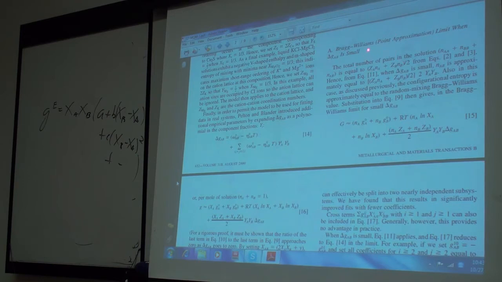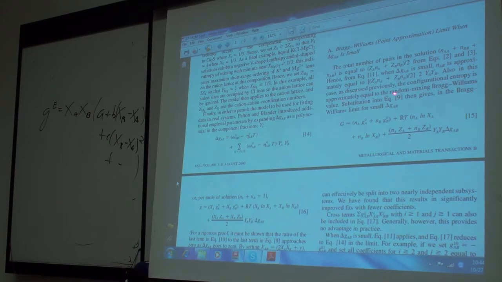The total number of pairs in solution is equal to ZA. So when delta GAB is small, NAB is approximately equal to (ZA NA plus ZB NB) squared over 2 YA YB. When delta GAB is small, you have a very nearly ideal solution, and this is the total number of pairs. If ZA is equal to ZB, then this is just the total number of moles, but this weights it.